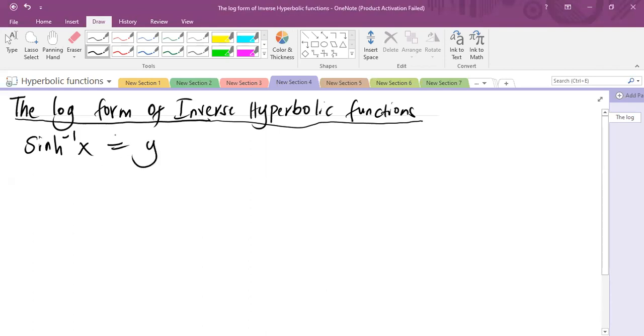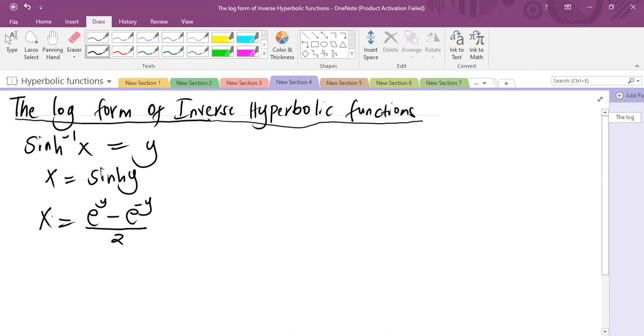Then bringing the sinh to the other side of the equation, we have x is equal to sinh of y. Then we write this in its exponential form. So this gives us x equals e^y minus e^(-y), all divided by 2.